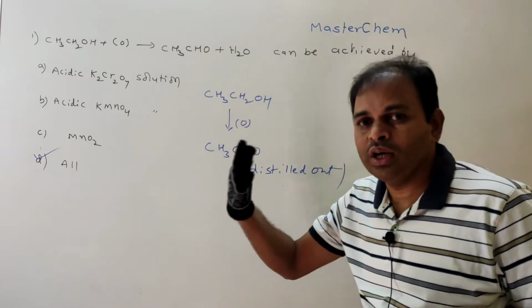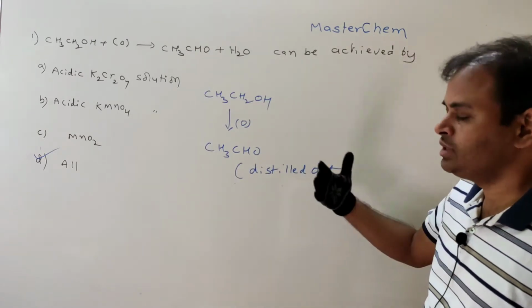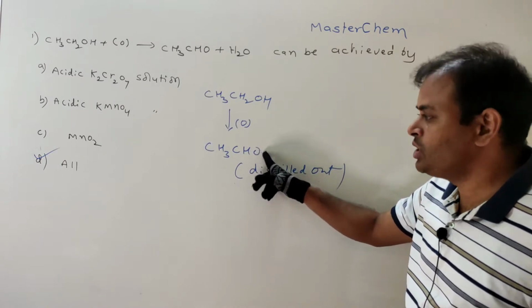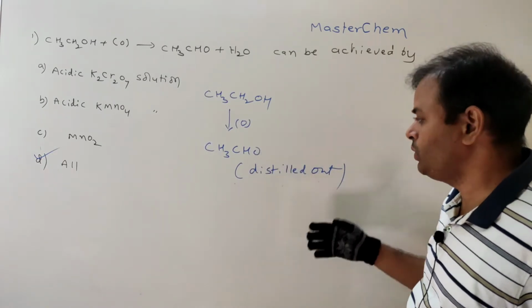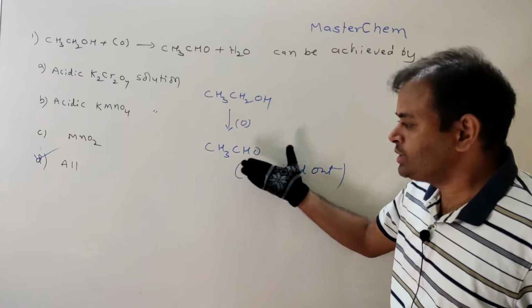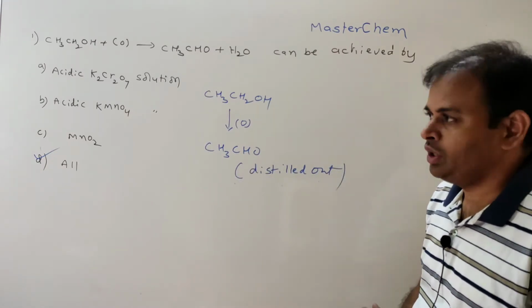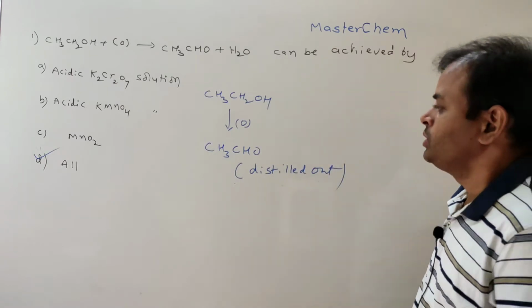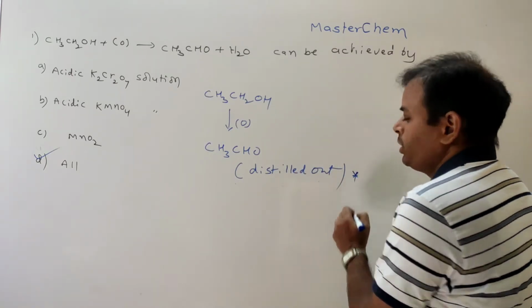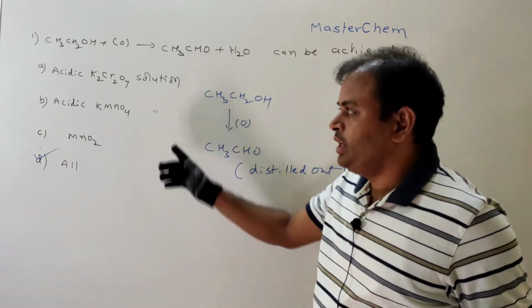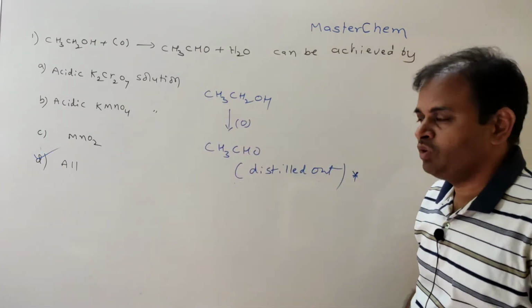CH3CHO conversion to CH3COOH, carboxylic acid, is very easy. But here our requirement is acetaldehyde, CH3CHO. That's why, as soon as it is formed, it should be distilled out from the reaction mixture. So this is an important point, and any one of these oxidizing agents we can use for this conversion.